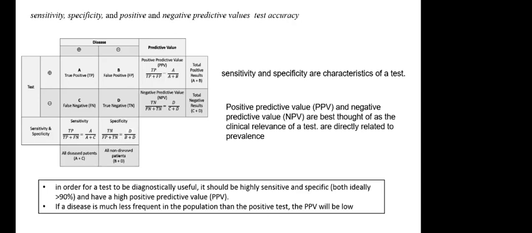Positive and negative predictive values are related to and affected by the prevalence of the disease. So positive predictive value will be low if the disease is very rare. In order for a test to be diagnostically significant, it should have high sensitivity and high specificity, more than 90%.